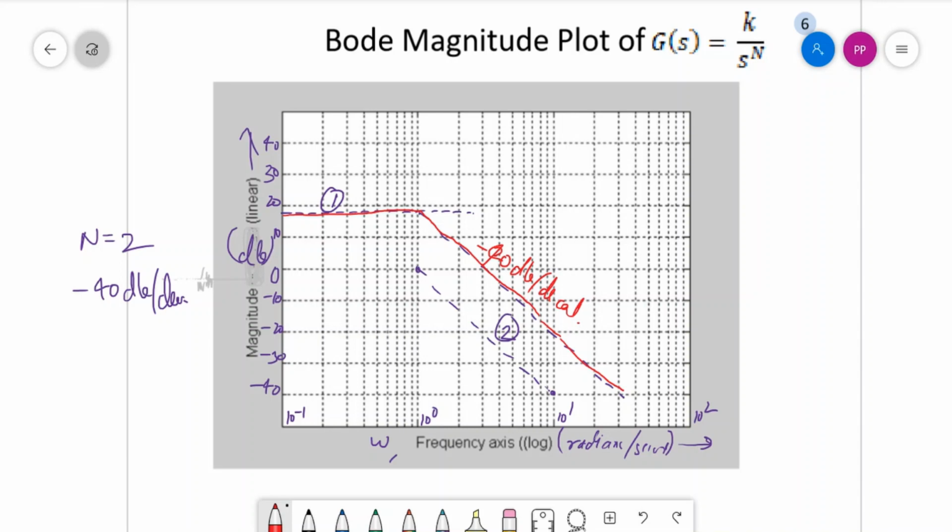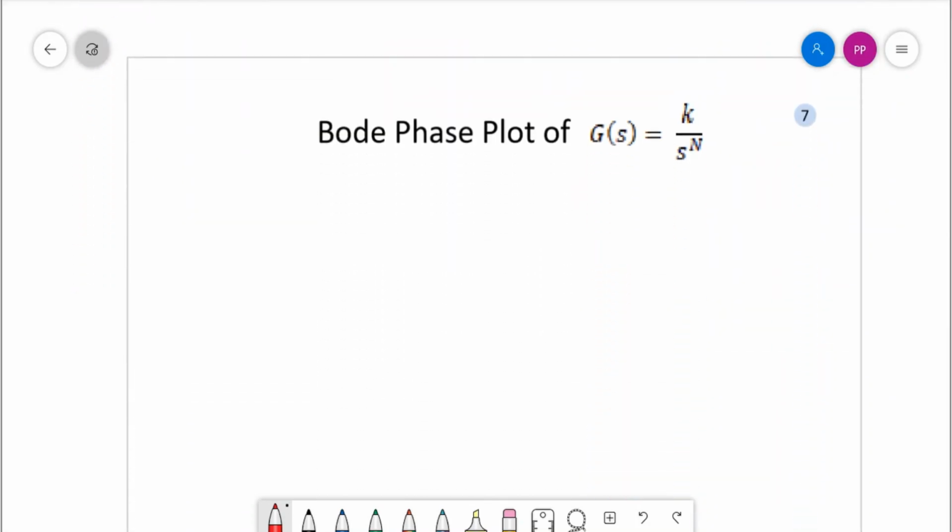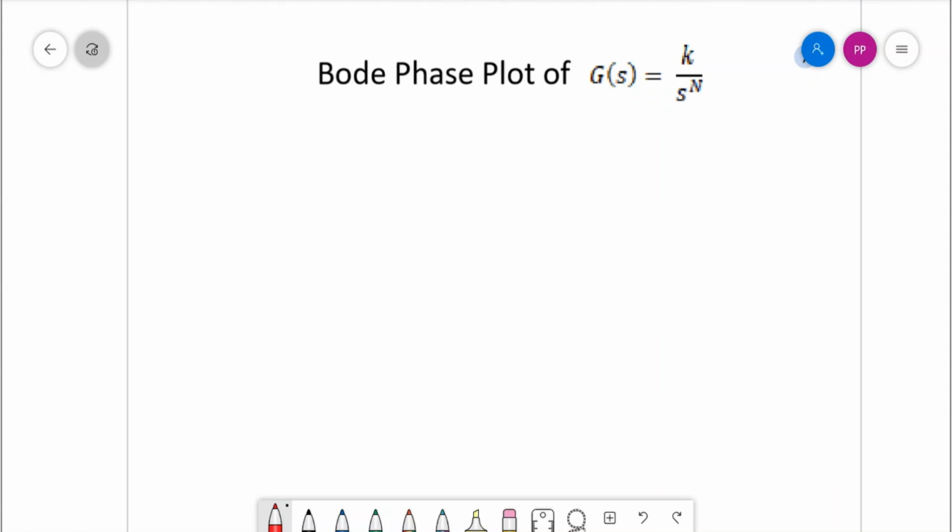Now we go for the phase plot. For the phase plot, let us see how the phase will appear for this.